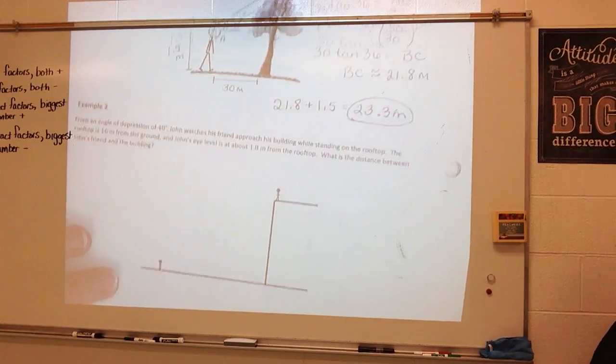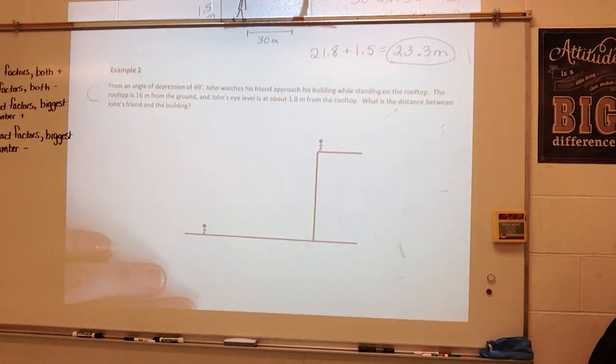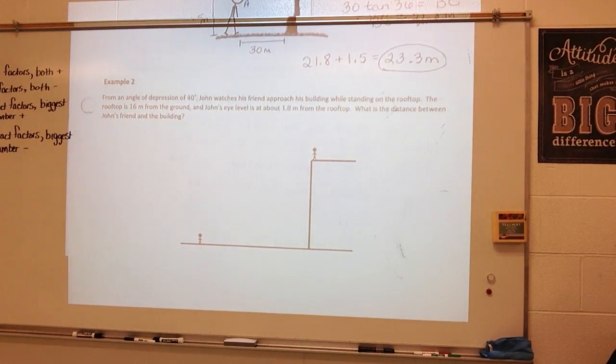All right, let's look at example number 2. Example number 2 is a real-world application about the angle of depression and tangent. From an angle of depression of 40 degrees, John watches his friend approach his building while standing on the rooftop.